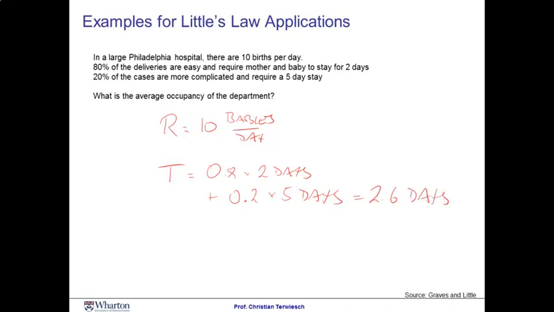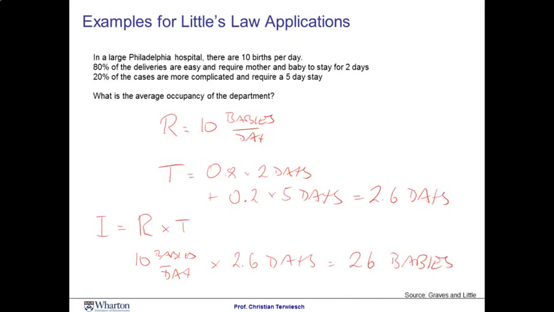To find the average occupancy, by Little's Law the inventory in the process, that's the number of babies in the hospital, is the flow rate times the flow time. 10 babies a day times 2.6 days is equal to 26 babies.